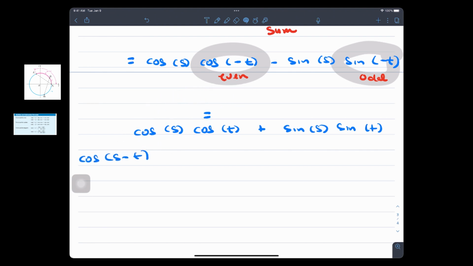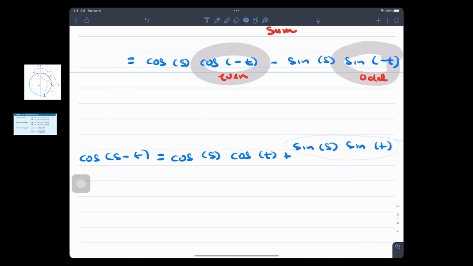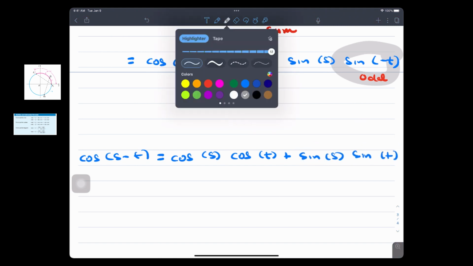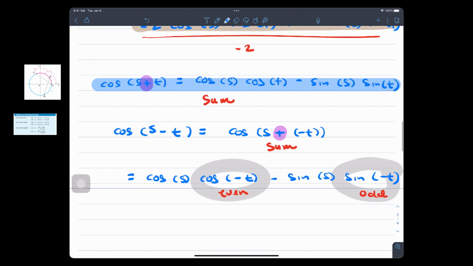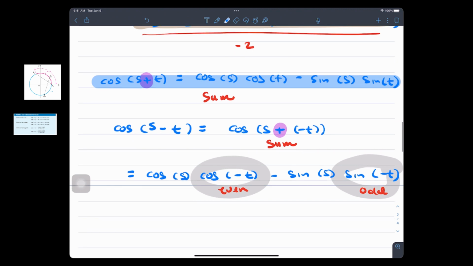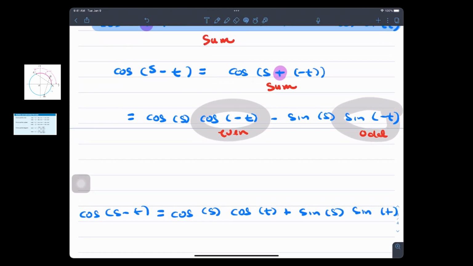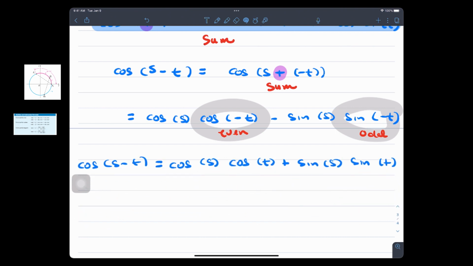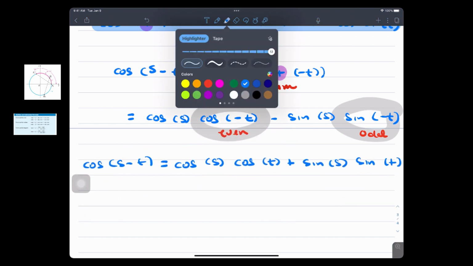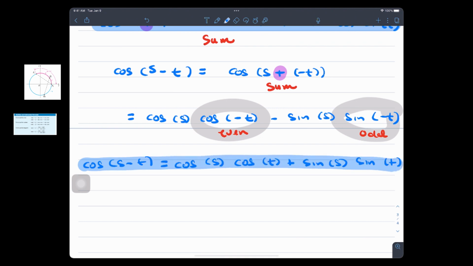Let me bring this up here. We got that even and odd property, and this is now the difference formula.